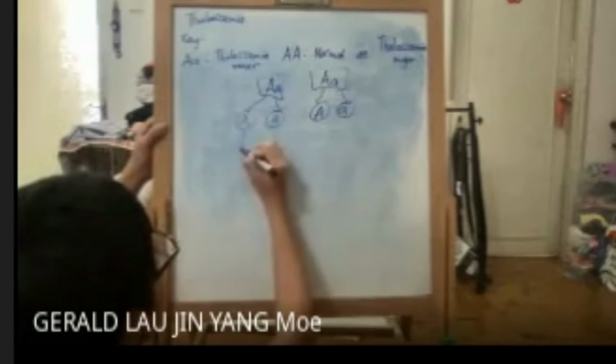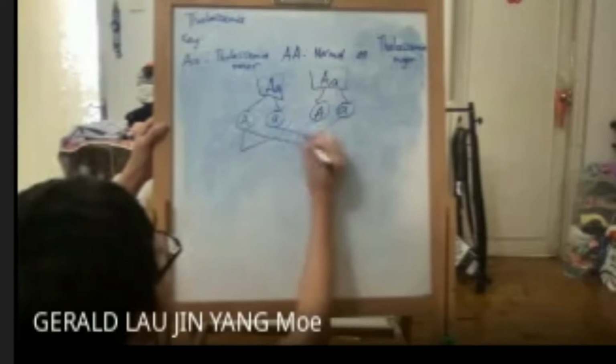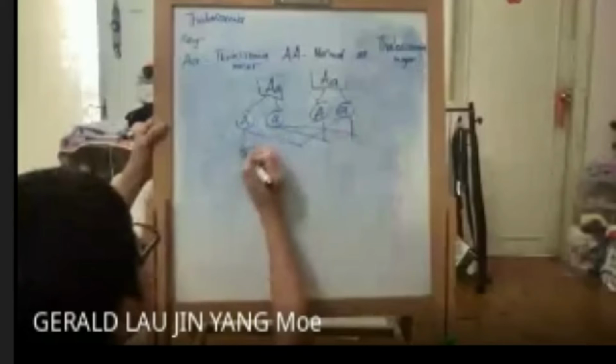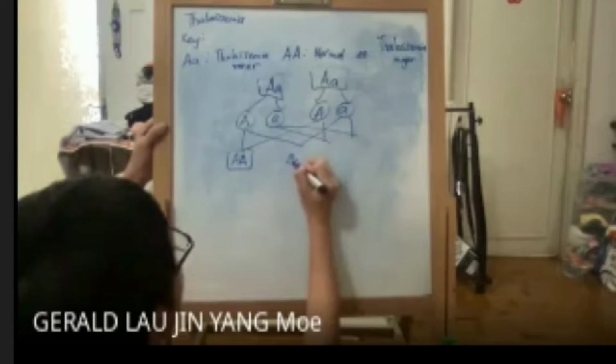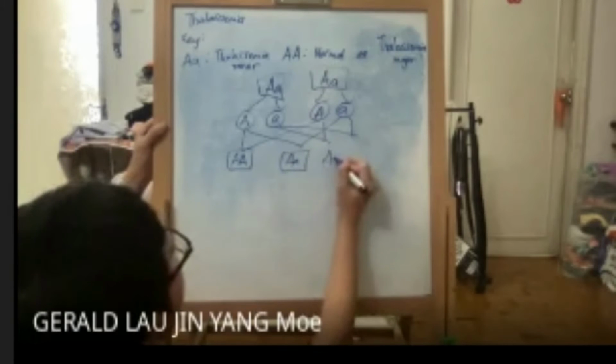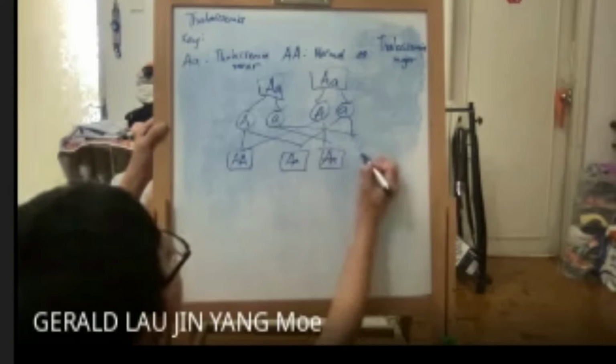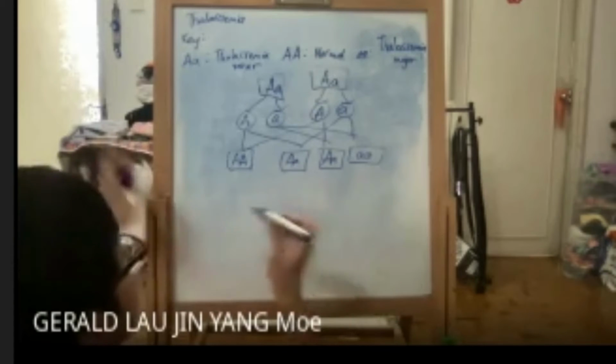Okay, fertilization. Okay, A normal. A minor. A minor. A. Thalassemia major.